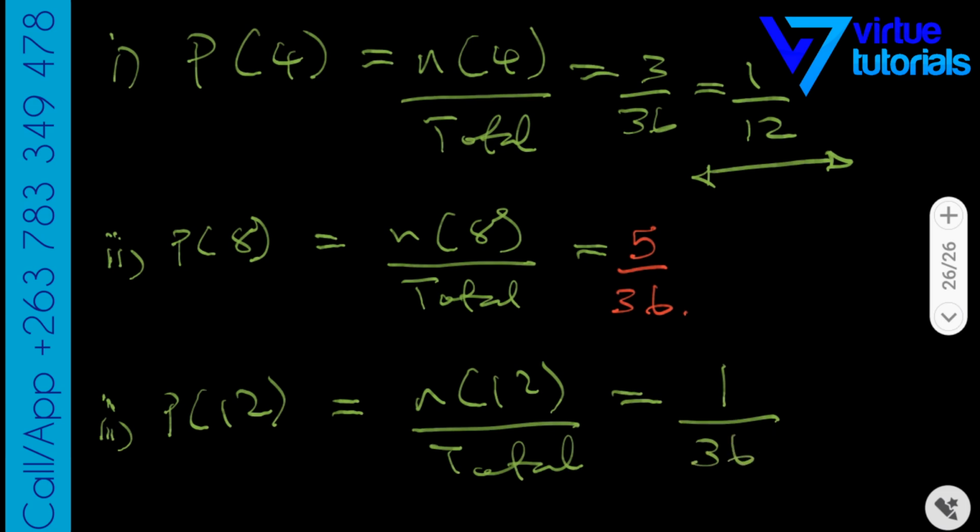So there's only one 12 out of 36 combinations. So that's an outcome table, and that's how you use an outcome table. So that's where our topic ends. You can try the questions at the end.